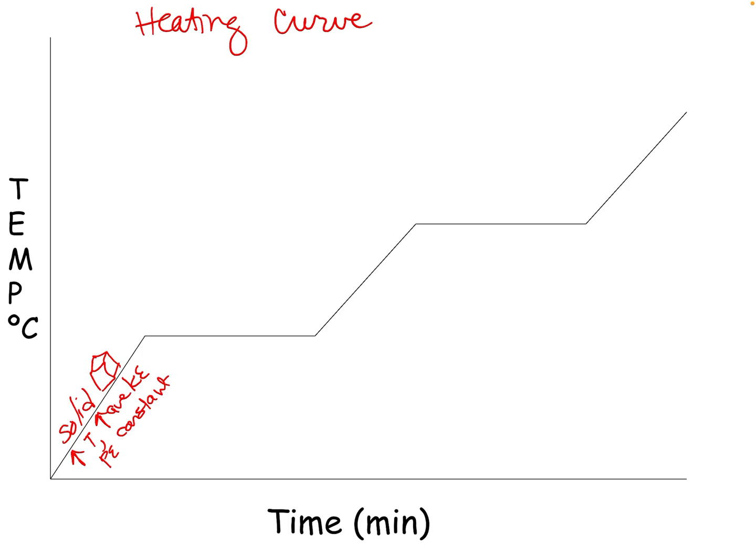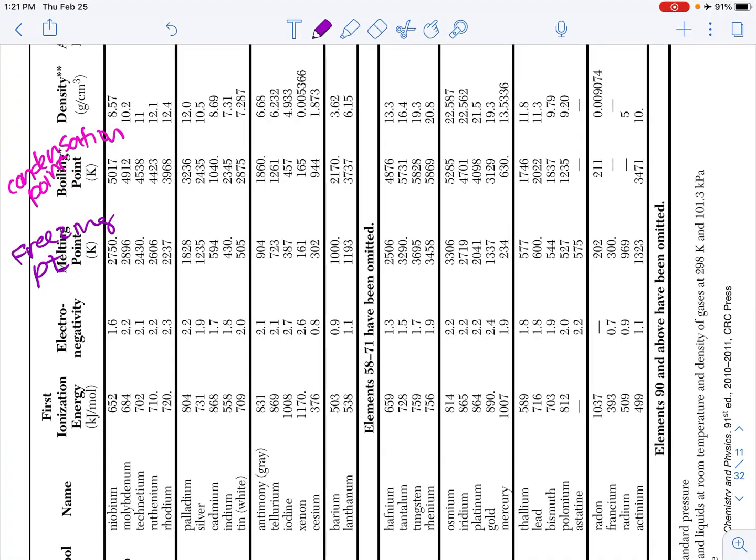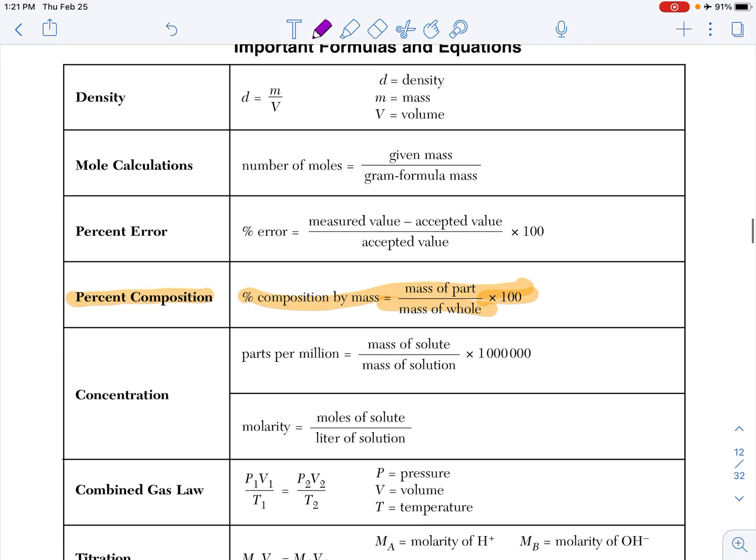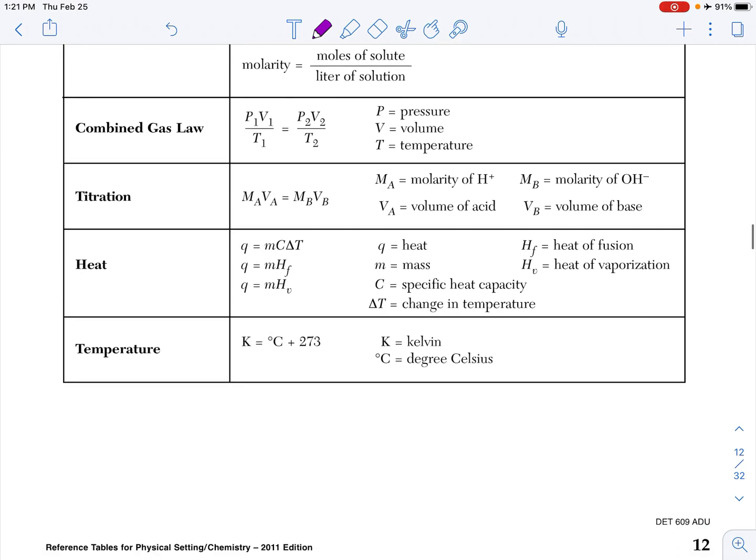We said that. So we are going to go quickly back to reference table T. We're going to go to the heat formulas. And we are going to use the formula Q equals mc delta T. This is going to be the formula during any one phase of matter where there's a change in temperature.